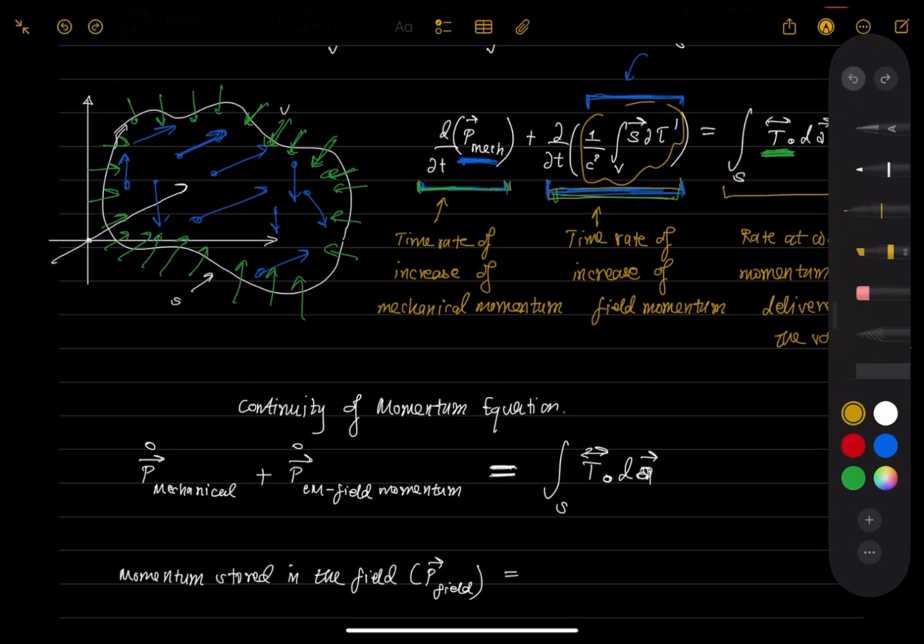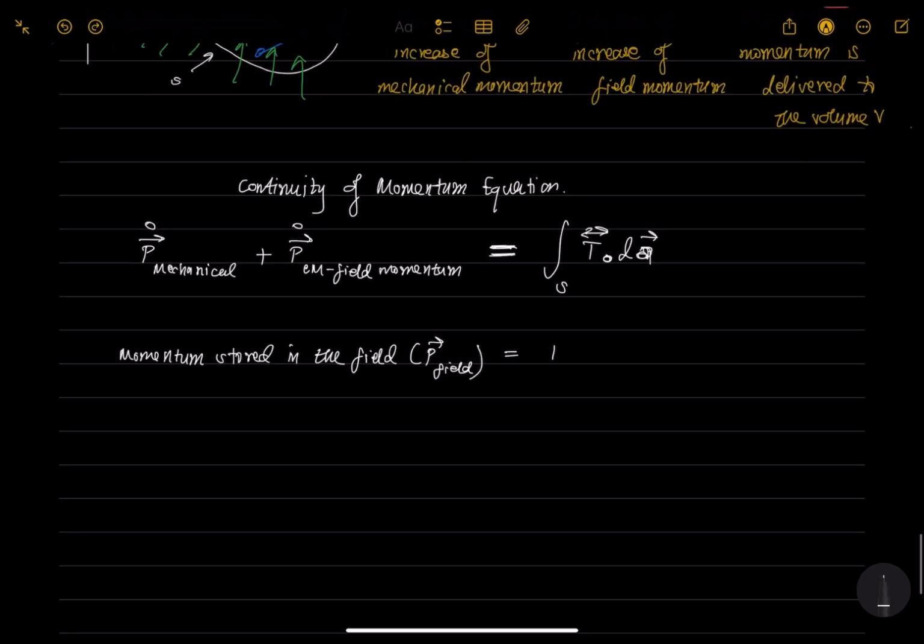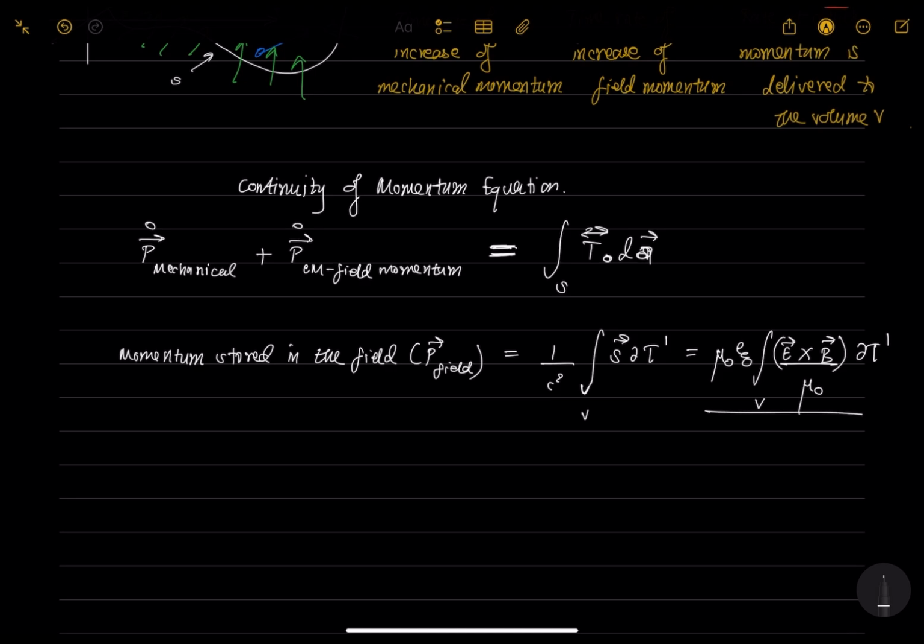And that, if I am to rewrite down here, is 1 over c squared times the volume integral of the Poynting vector. Or another way to write this is mu naught times epsilon naught, permeability of free space times the permittivity of free space, times the volume integral of E cross B over mu naught over the volume that you're considering. So this is the momentum stored in the field.